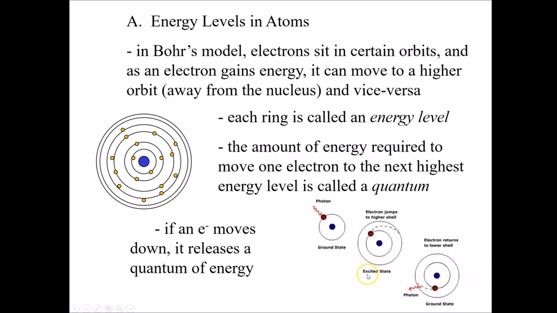But being in this excited state, this higher energy level, is not where it wants to be, because that makes it further away from the nucleus. It's attracted to the nucleus. It wants to go back where it was. Once it goes back down to where it was, it has to release that energy. So a quantum of energy comes in, makes it jump to a higher energy level. When it jumps back down to the lower energy level, it releases that quantum of energy.